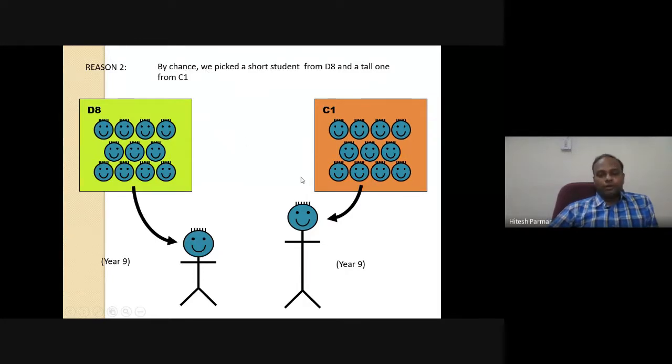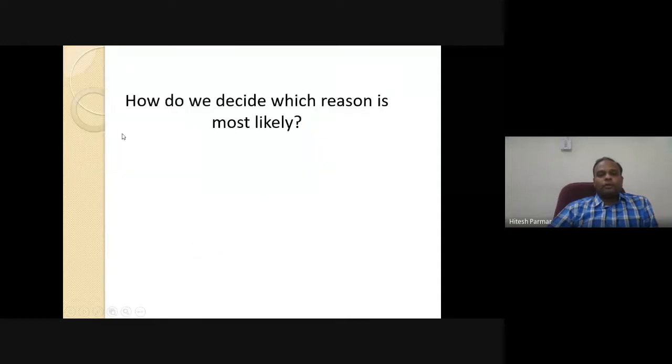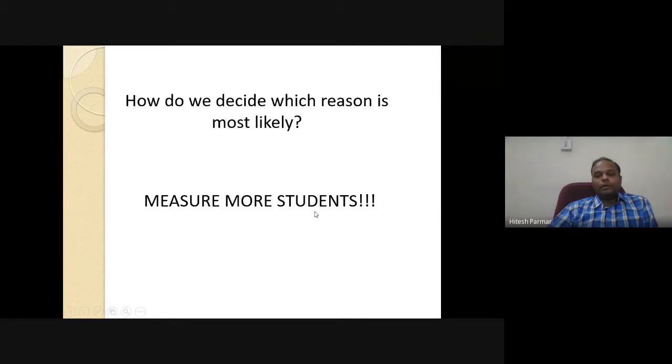So what should we do then to reduce the chance effect? We should do more sampling. At this moment, our sample size is just 2, 1 from each group. So to reduce the chance effect, we need to measure more students, which means we need to increase the sample size.